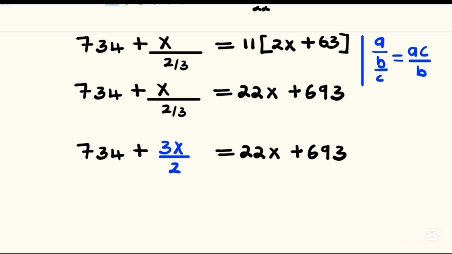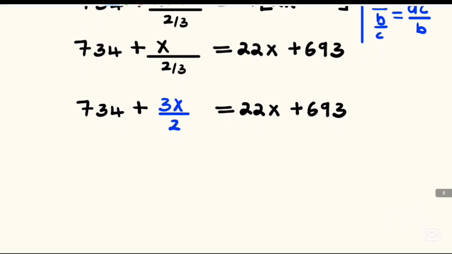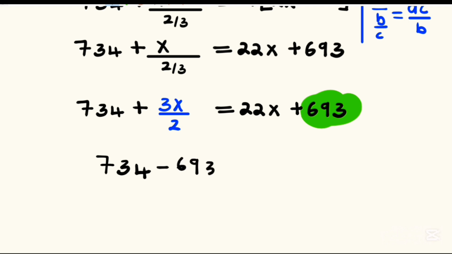From here, let's group the like terms. So we have 734. We move the 693 to the left, and it will change sign to negative 693, and this will be equal to 22x, and we move the 3x divided by 2 to the right.